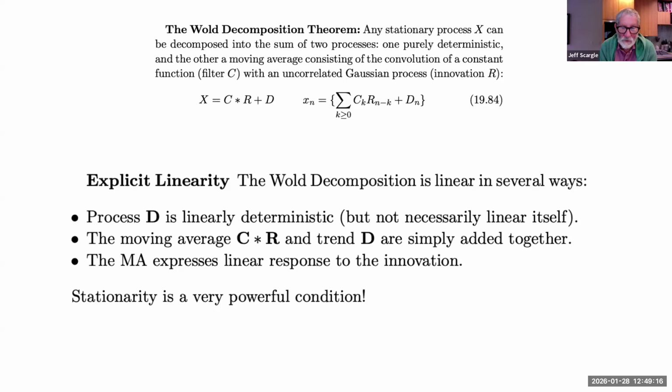To me, the amazing thing, and I still don't understand exactly how this works, is that stationarity gives you this very specific linear representation.